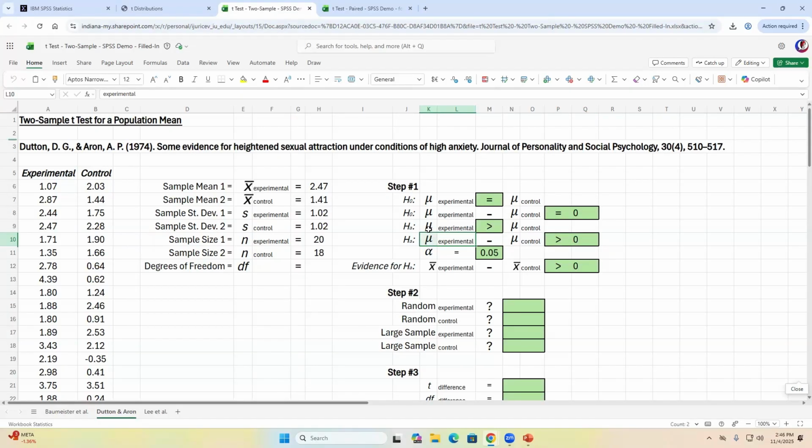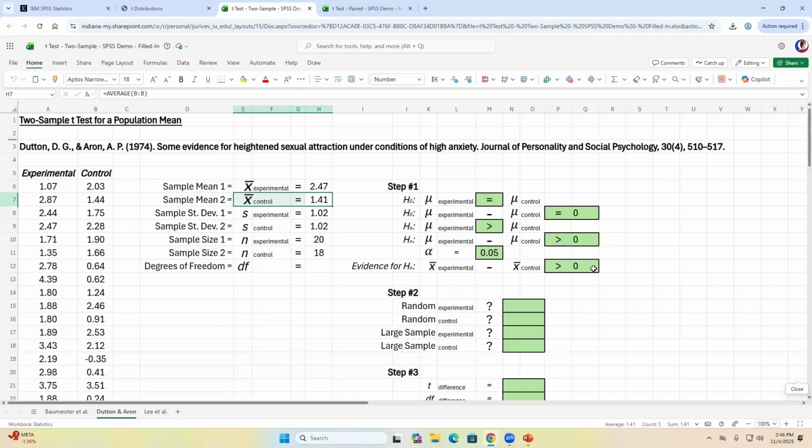Alpha level, not explicitly stated in the paper itself. So if you ever cannot find an explicitly stated alpha level, the convention is that it is going to be 0.05. And then our evidence against the null hypothesis is the fact that in our sample, the mean for the experimental sample, the rickety bridge, is actually higher in sexual imagery than for the control sample.